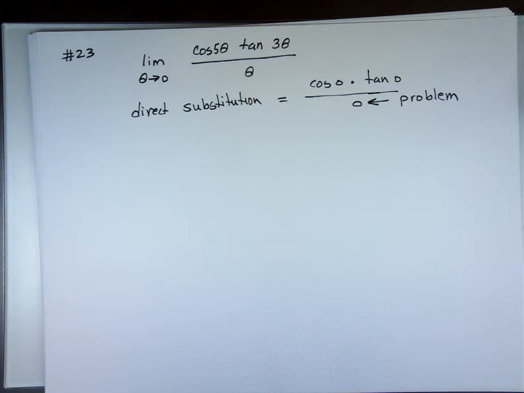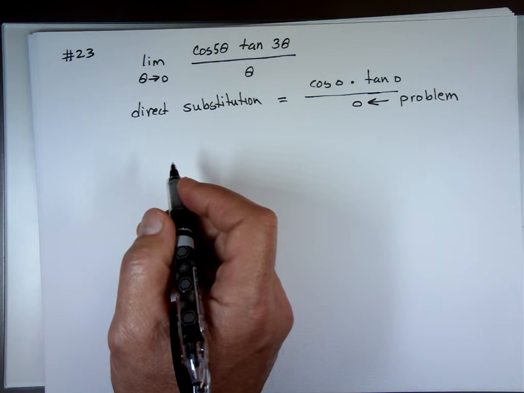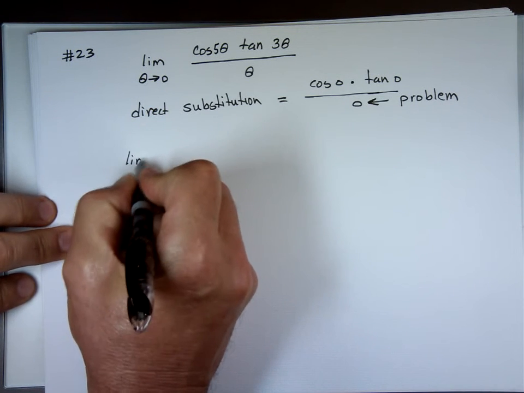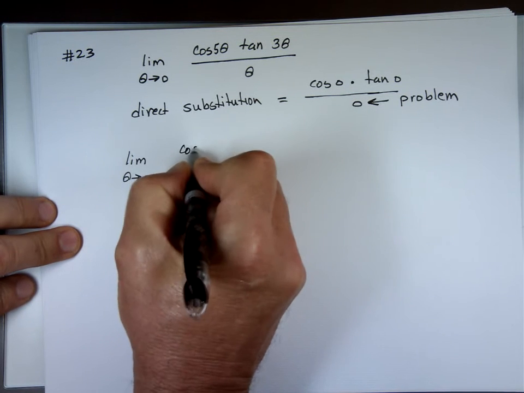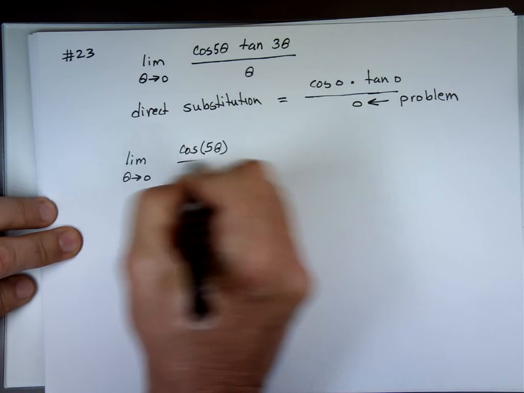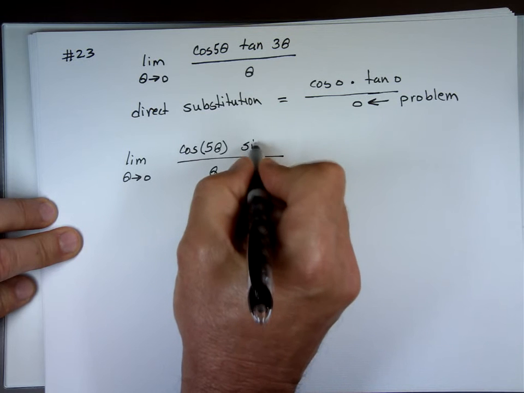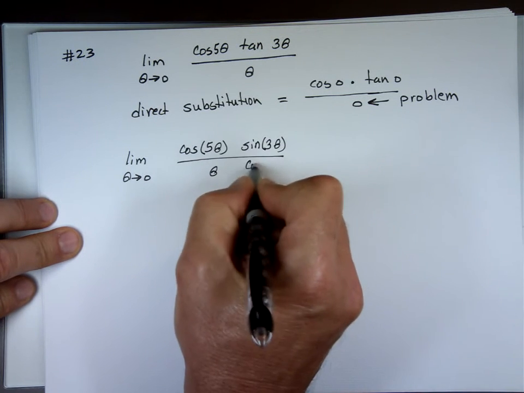The tangent. Isn't that sine over cosine? Right there. Tangent, rule number 3. Sine over cosine. So I should be able to write that. Cosine 5 theta. There's theta on the bottom. The tangent is sine 3 theta over what? Cosine 3 theta.